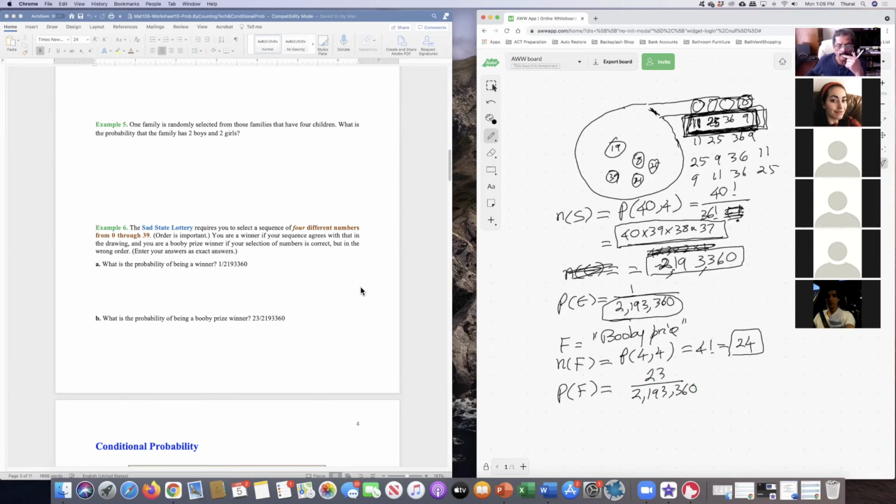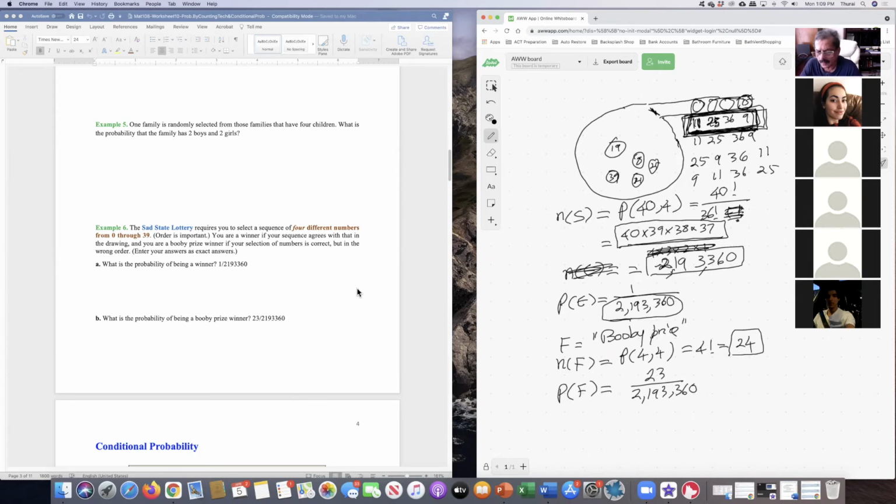Don't we just subtract, right? Aren't we just subtracting the probability of E from the probability of F? Essentially, yes.